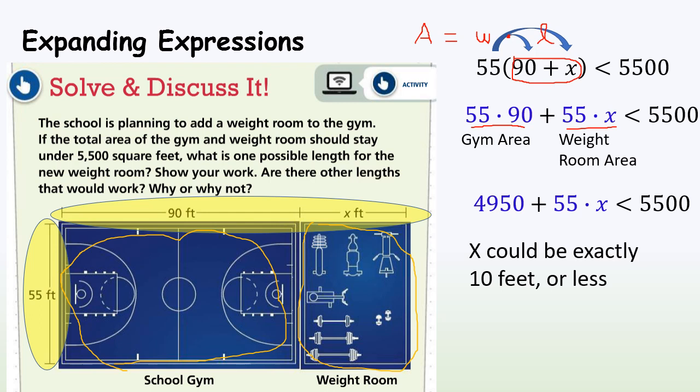You can check it for yourself if you'd like, but 10 feet would be the maximum width of the weight room. So mainly these first two steps, showing the area of the large rectangle, 55 times the entire length, and then breaking it up into two inner rectangles. This is what we mean by an area model.